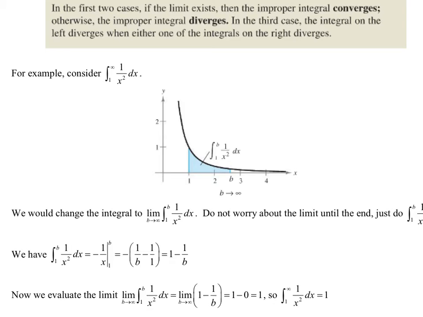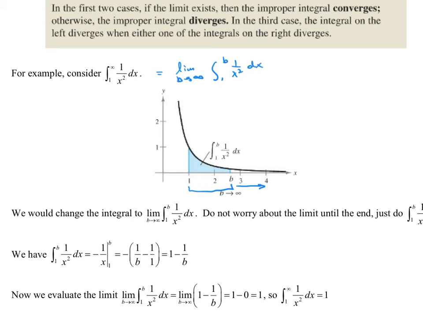I'm going to rewrite this integral as the limit as b goes to infinity of the integral from 1 to b of 1 over x squared dx. So the idea is I'm finding this area as it goes to b, but then b is going out towards infinity. So I'm finding the area as it approaches infinity.